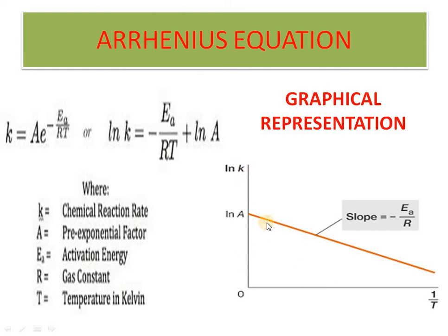This is a straight line equation, y equals mx plus c. Natural log k is y, 1 by T is x, minus Ea by R is the slope m, and natural log A is the intercept c. If you are taking log here, then the slope would be minus Ea by 2.303 R. This is the only difference.